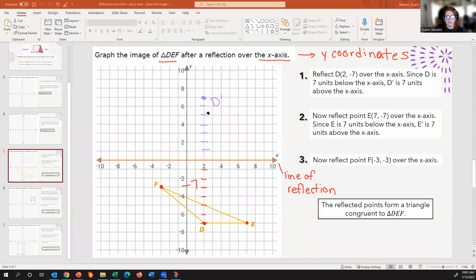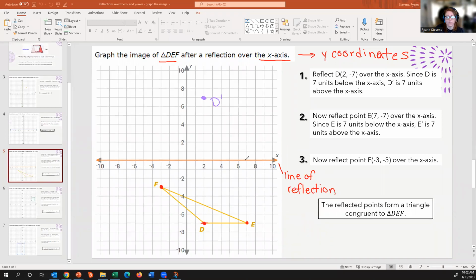I'm going to erase all this just so that it's not in the way as we're reflecting the rest of the points. Once we have found the image of point D, we can move on to point E. We're going to do the same thing.